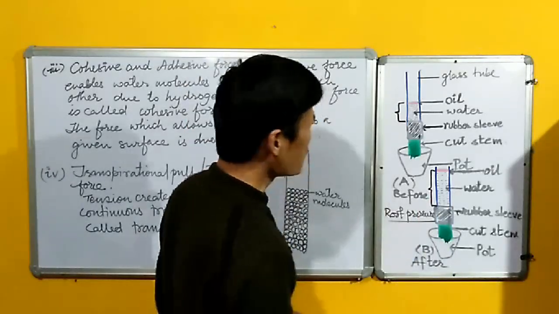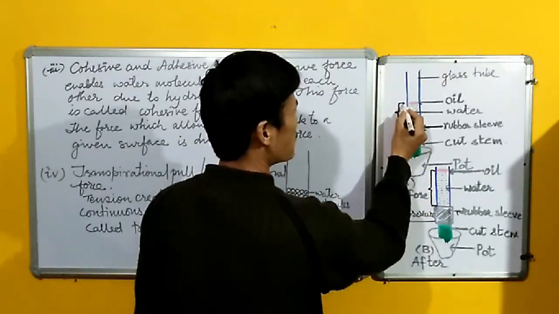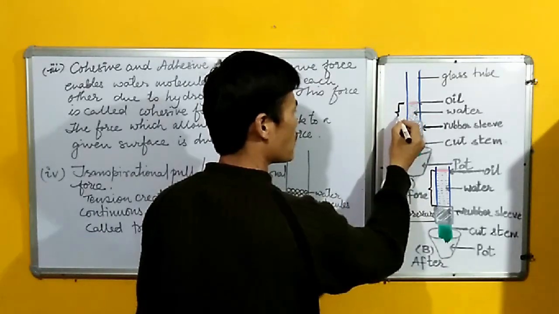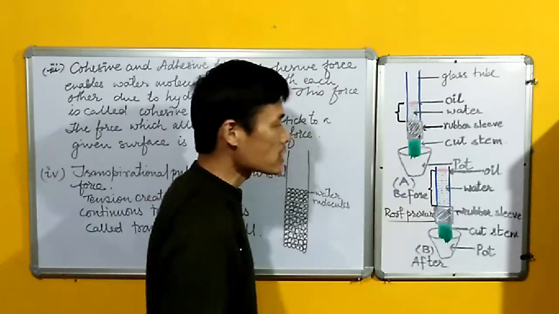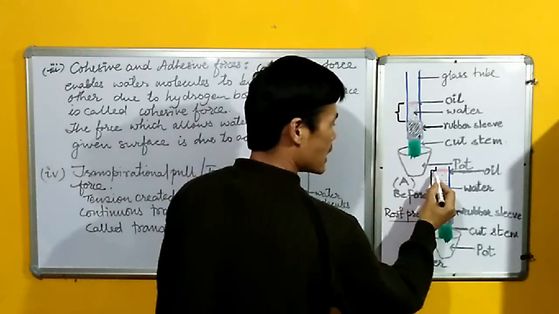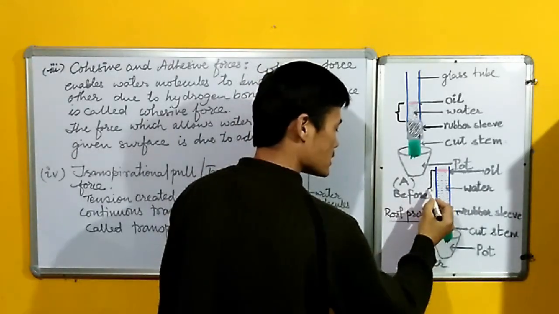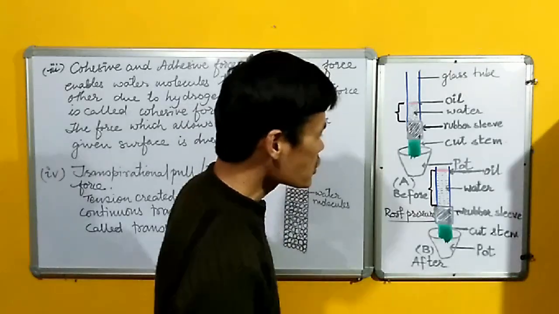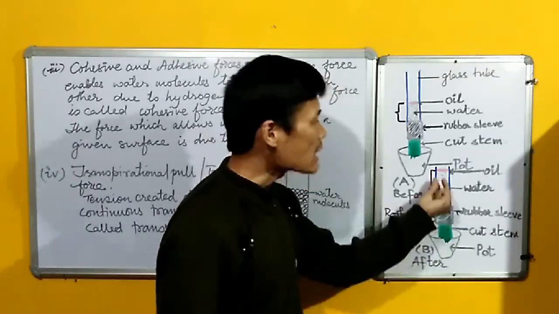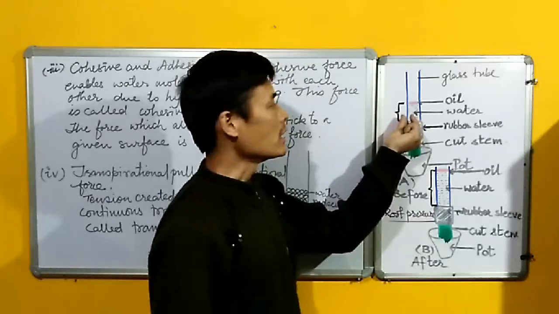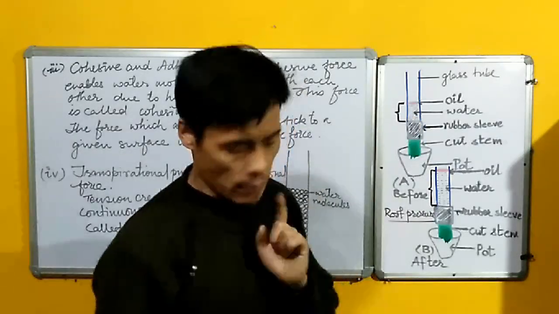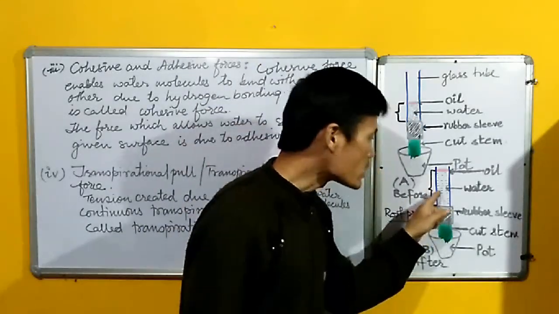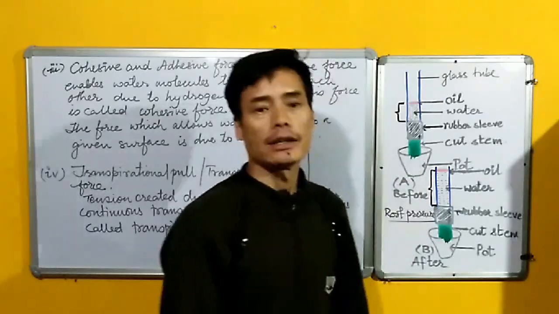As we can see from these two setups, in this setup, the level of the water is less in the glass tube, and at the end of the experiment, the level of the water is much more in the glass tube than what it was in the beginning. Now, why is this water level rising?